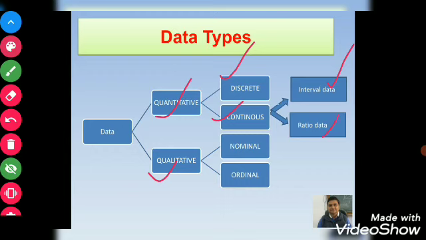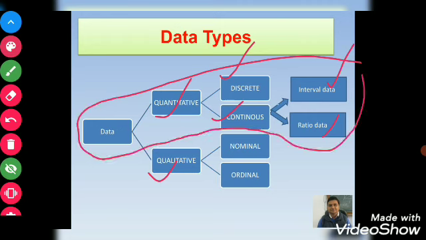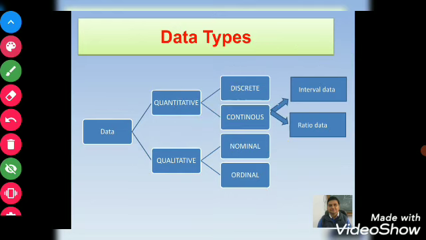So today our focus is not this, but our focus is on qualitative data. Qualitative data are of two types: nominal and ordinal. So the chi-square test generally deals with qualitative data, which may be either nominal or ordinal. And I hope you remember what nominal and ordinal data are.